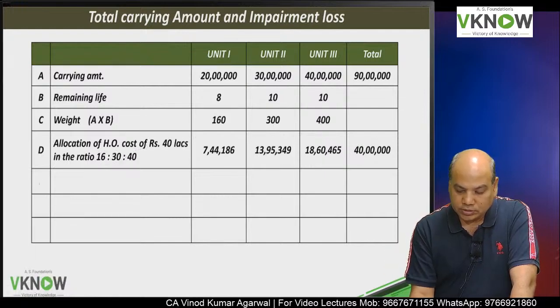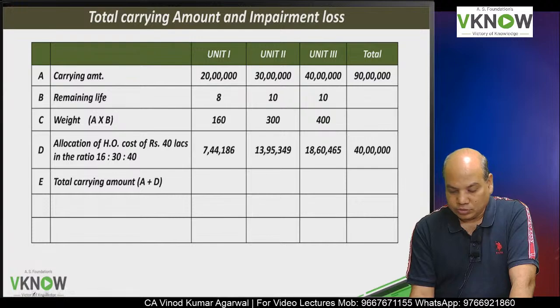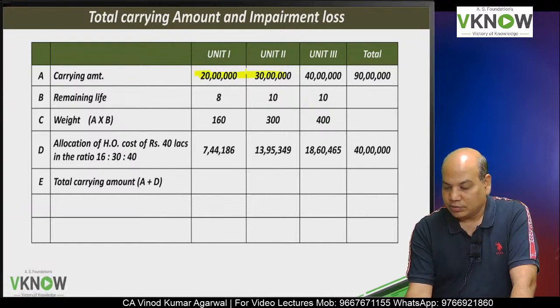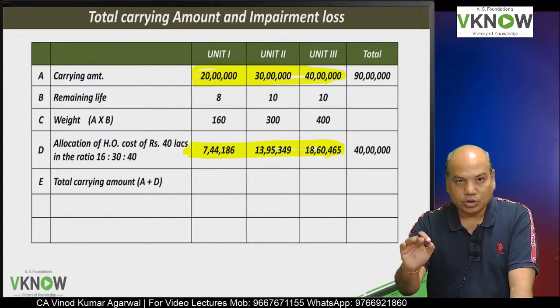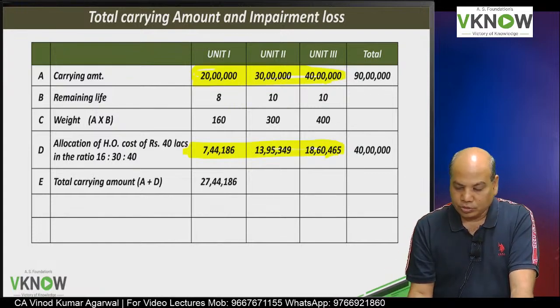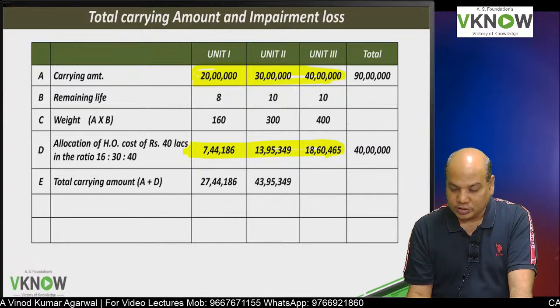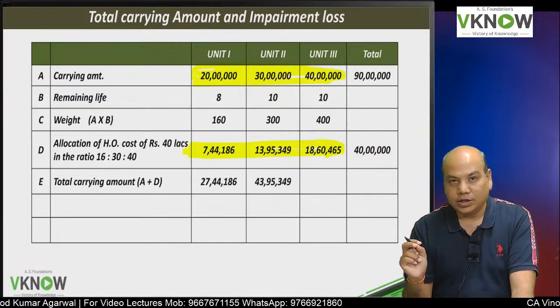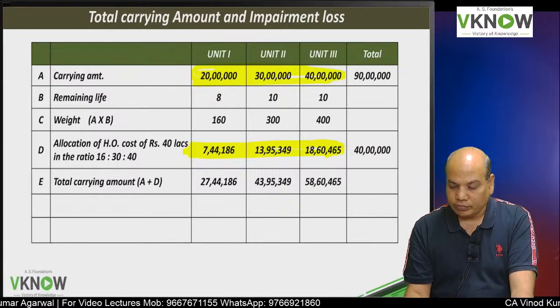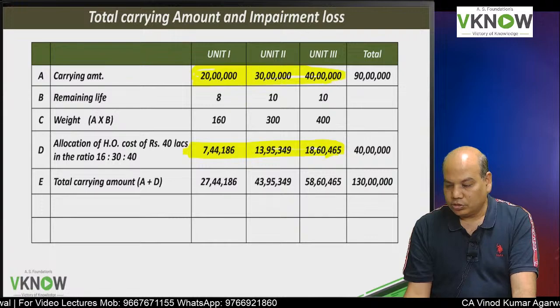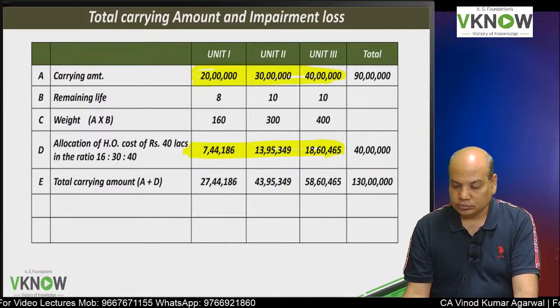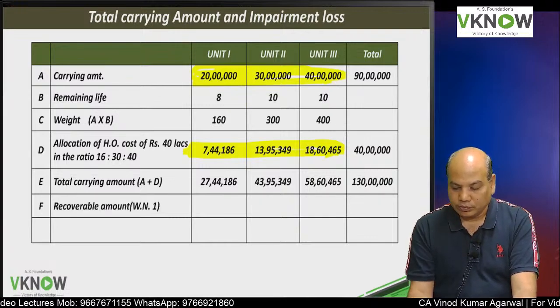Now the next point is total carrying amount. Please take your calculator, add the carrying amount of the CGU, and also add the HO cost allocated. You can do it without a calculator also. 27,44,186, 43,95,349, 58,60,465, 1 crore 30 lakh.